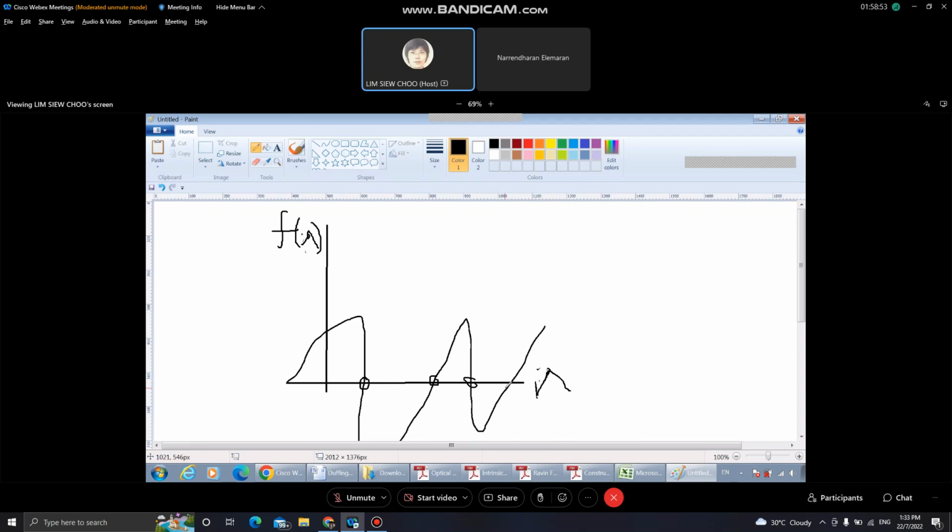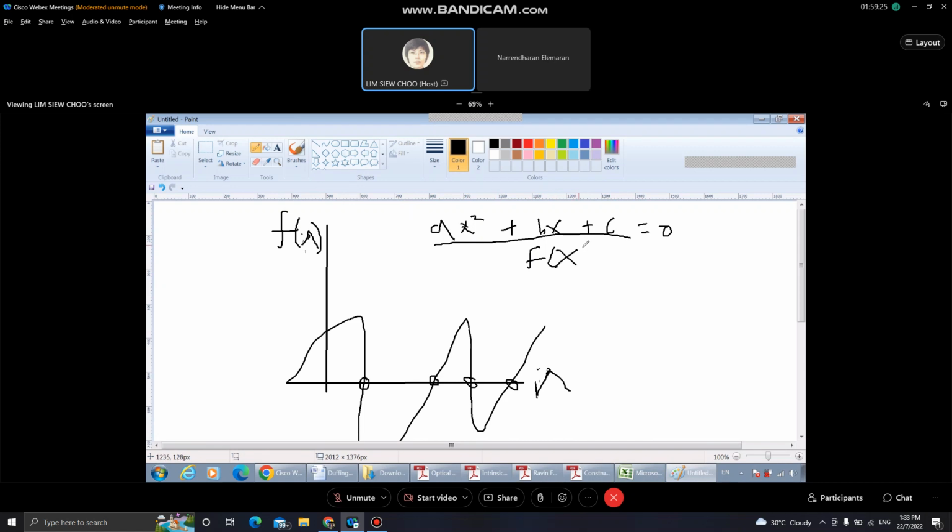It's the same idea, sir. For example, for a quadratic equation you have ax squared plus bx plus c equals to 0. When you plot the graph, you move every term to one side and name it as f(x).